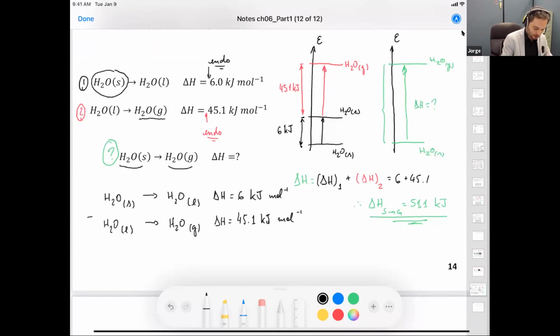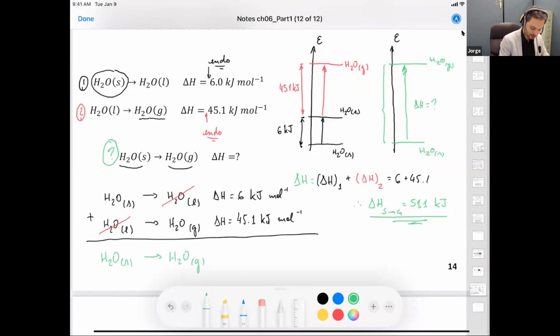Now the trick here is to add up everything that you have, and you can treat the chemical reactions as mathematical equations. In a mathematical equation, if you have water on the right side and water on the left side in the same physical state, that can be canceled. What's left here is water in the solid state, and the only product that's left is water in the gas state.